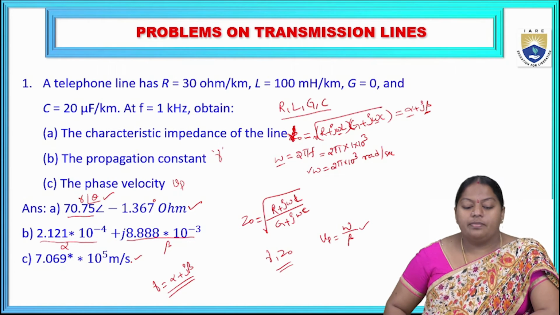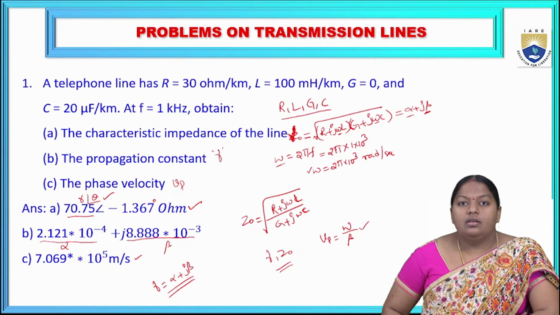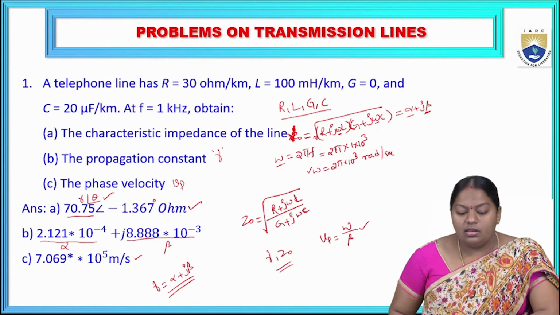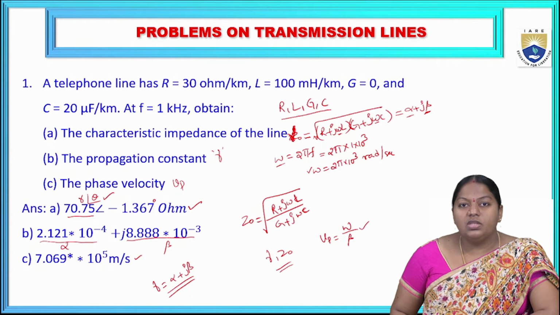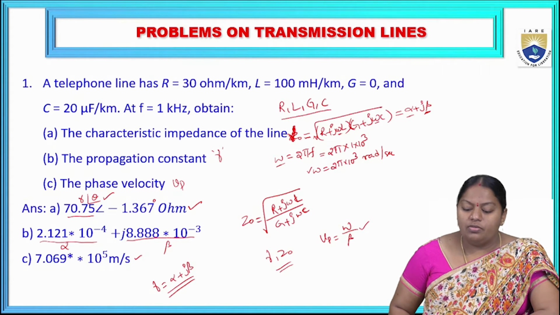Right? So if in the problem the primary constants of a transmission line, that is the RLGC values, are given, then how are we going to evaluate the characteristic impedance and the propagation constant and phase velocity? We calculate with the help of formulas.